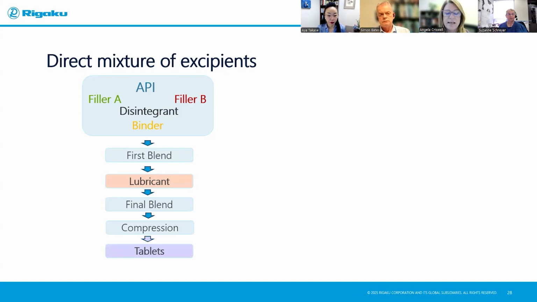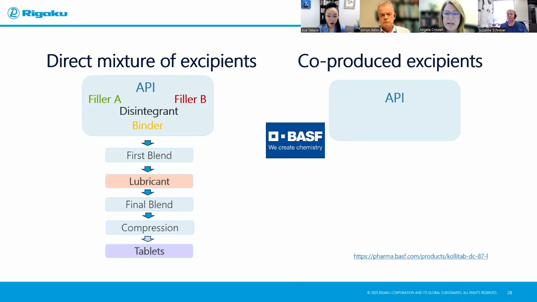And in this case, you'll see there are lots of steps with this. And a company called BASF has improved on that to co-produce excipients. And in that case, what they do is they create this mixture called Colatab that has fillers, disintegrants, binders, and lubricant.